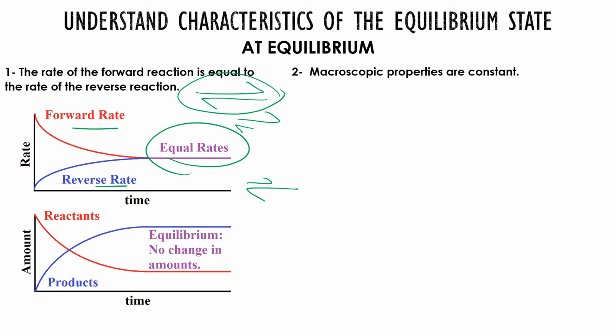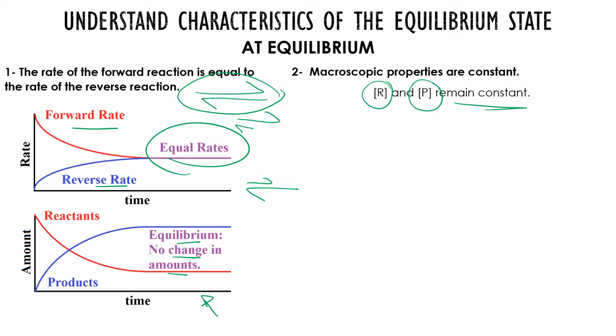The property number 2 for the equilibrium state: macroscopic properties are constant. What does that mean? The concentration of the reactants and the concentration of the products are constant. As you can see in this graph, at equilibrium there is no change in the amounts. Products will not increase or decrease.